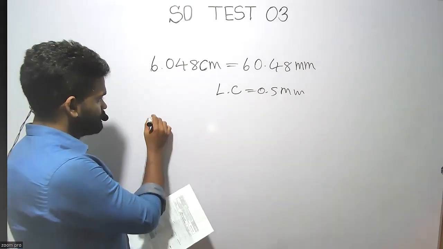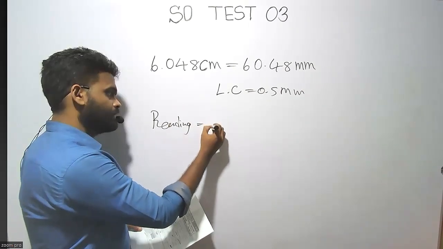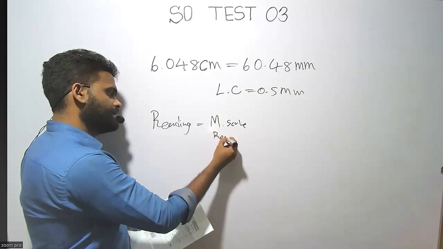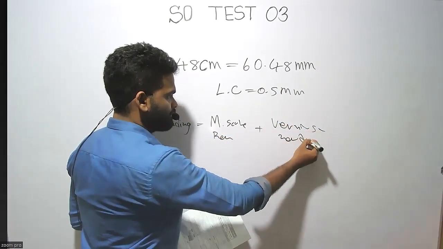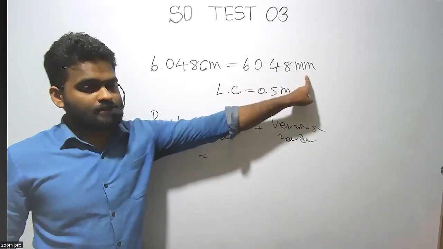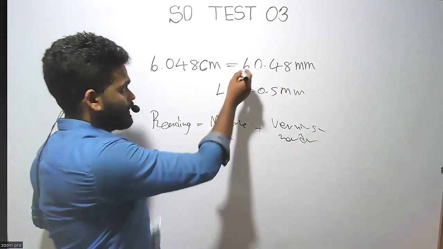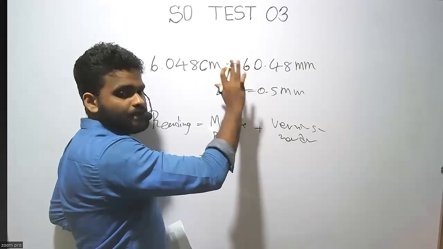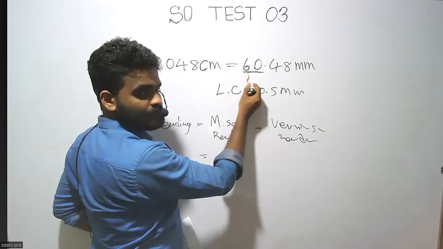So the previous one, what did I say? Reading is equal to main scale reading plus vernier scale reading. When you observe this reading, what do you see? Up to where can you measure just using the main scale? Up to 60 millimeters, right?